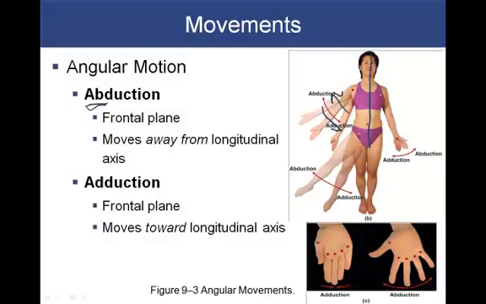It's where you're moving towards the anatomical axis. We see here that the arm, the leg, as well as the hand can undergo adduction and abduction. Down here in figure C, we even see how the fingers or the phalanges can be adducted or abducted.